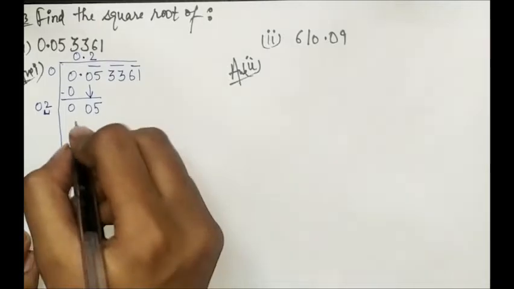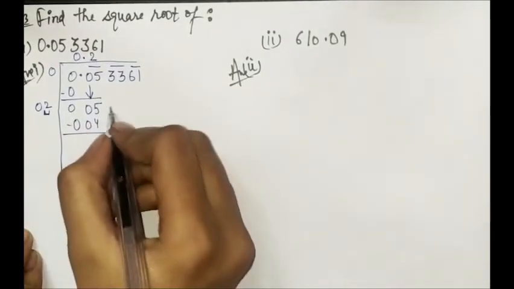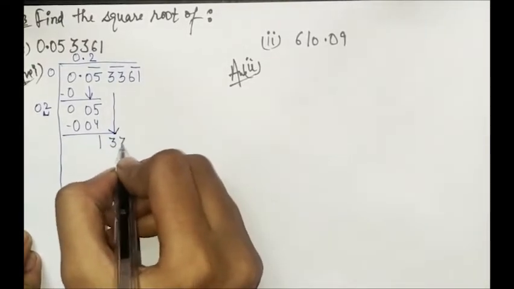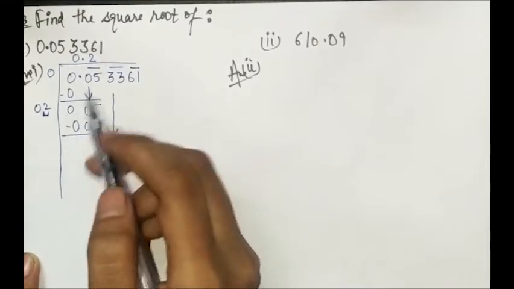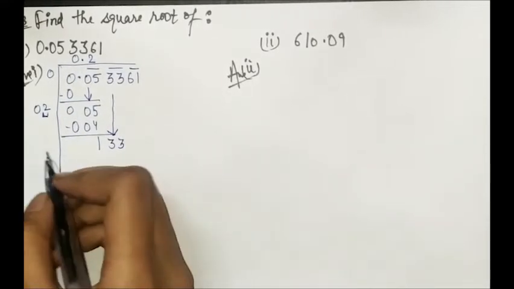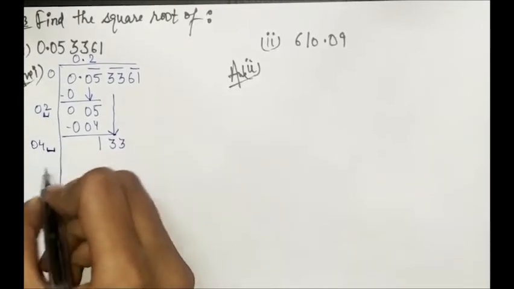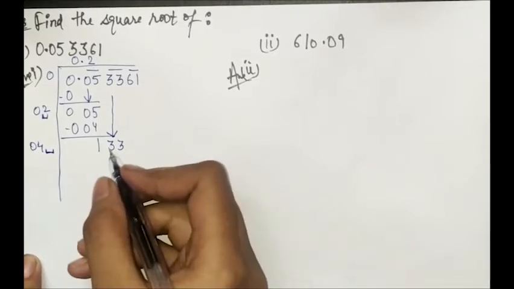That will be 0 0 0 4. Now 5 minus 4 is 1, and now we will be putting 33 below. Now you all know that double of 0.2 is 0.4. Now we want one number here so that this will be completely divisible or less than this.